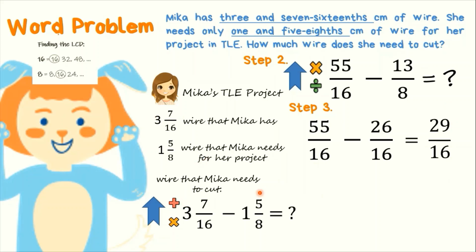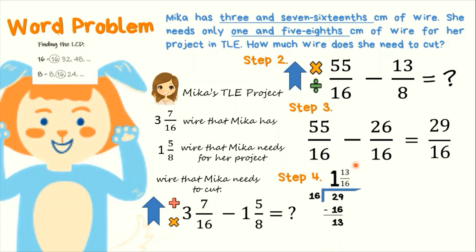Dahil ang tanong ay mga mixed fractions, i-convert natin si improper fraction na 29 over 16 into its mixed fraction form. Paano? Siyempre, long division tayo. Numerator ay 29, lagi siyang nasa loob, divided by denominator nasa labas. 29 divided by 16 is 1. 1 times 16 is 16. 29 minus 16 is 13.